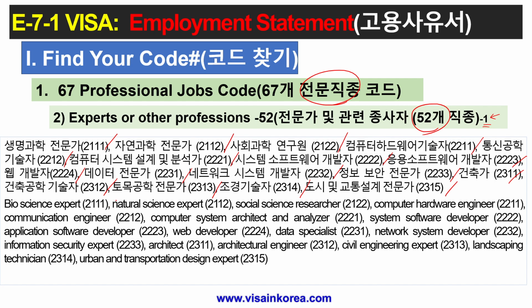Bioscience expert 2111, natural science expert 2112, social science researcher 2122, computer hardware engineer 2211, communication engineer 2212, computer system architect and analyzer 2221, system software developer 2222, application software developer 2223, web developer 2224, data specialist 2231, network system developer 2232, information security expert 2233, architect 2311, architectural engineer 2312, civil engineering expert 2313, landscaping technician 2314, urban and transportation design expert 2315.